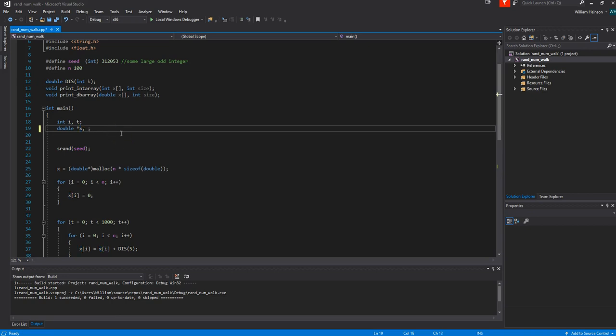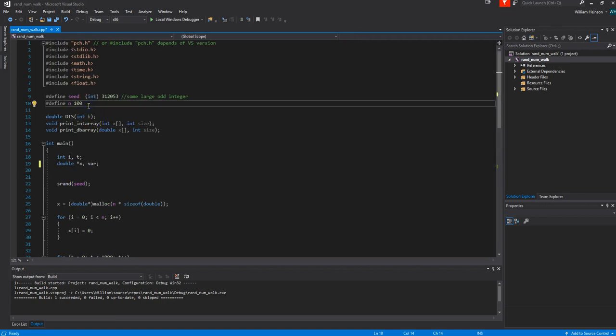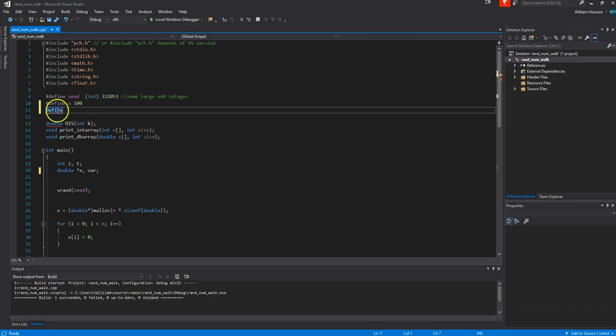I will call it lowercase variance, and I'm going to make another definition here for my time. Define another constant. We're going to do 100 time steps.